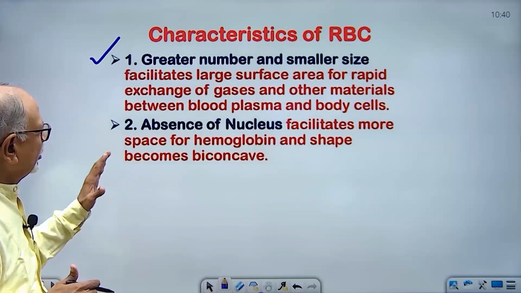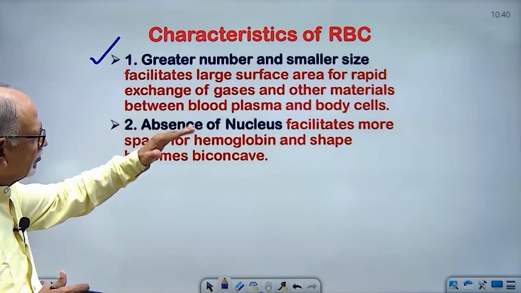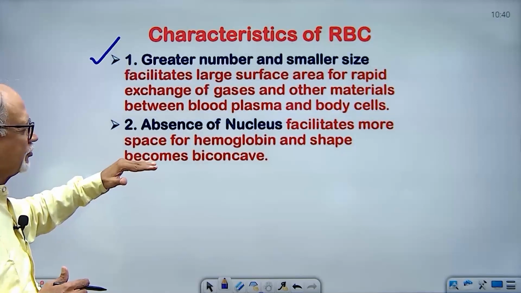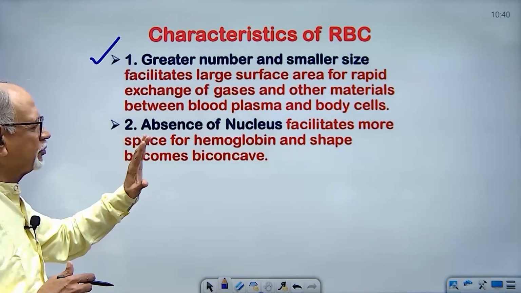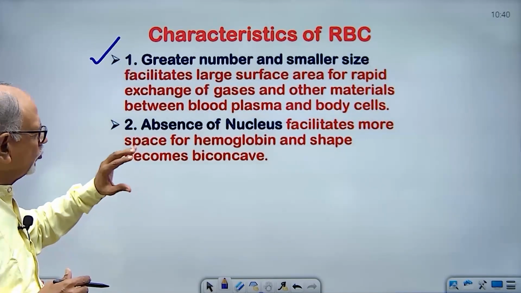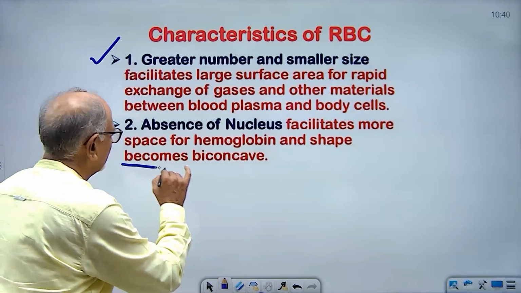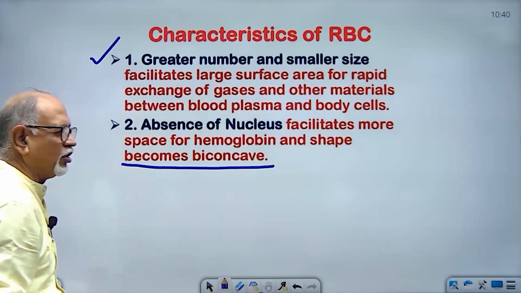Then this absence of nucleus also provides a space to facilitate more amount of hemoglobin, and the RBC becomes biconcave in shape.